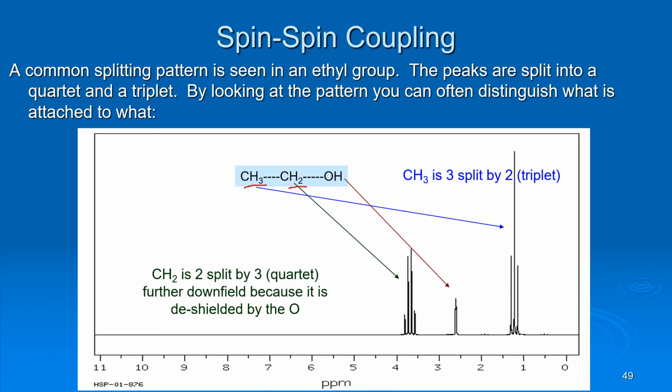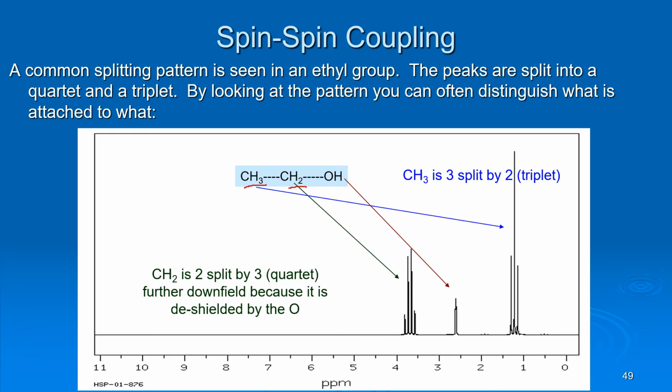And then the H on the O will be a singlet. Even though they're on neighboring carbons, H's on O's aren't split by anything, so we just see a singlet. But notice a couple of other things too.